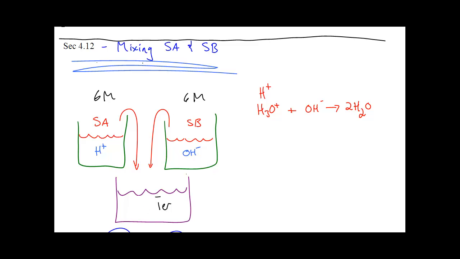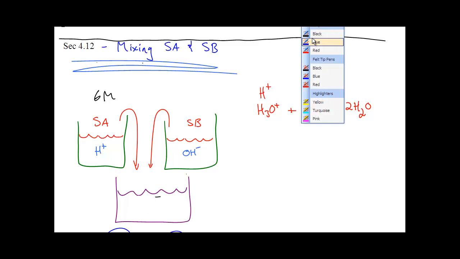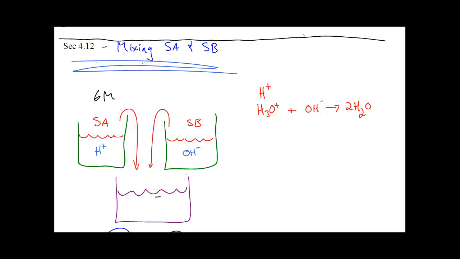No big deal. Well, let's pretend that I change that up a little bit. I'm going to have 6 molar strong acid, but now I'm going to have 10 molar strong base. Well, the acid and the base are still going to react 1 to 1, but I'm going to have excess strong base. And 10 minus 6 is 4 molar strong base in excess.